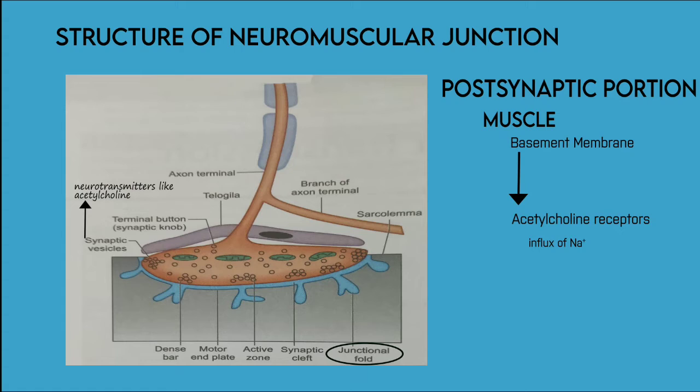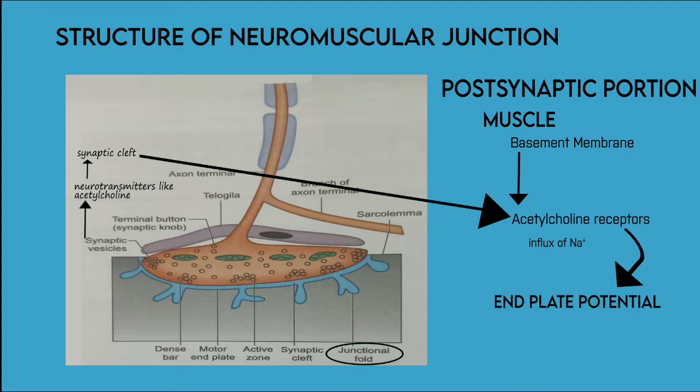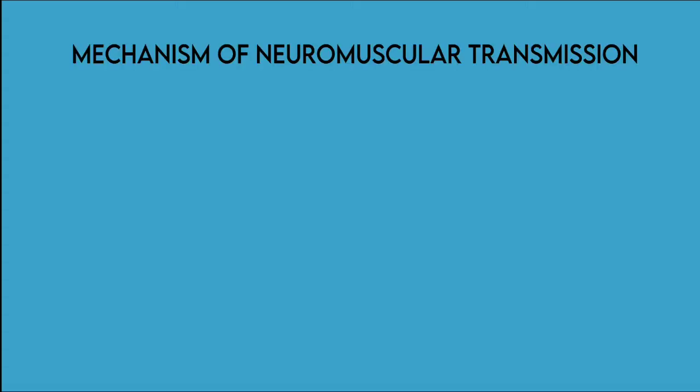The acetylcholine that is released into the synaptic cleft will come and bind on to these acetylcholine receptors and will produce a difference in the membrane potential known as end plate potential, which, if it is high enough, can produce an action potential. Now, the mechanism of neuromuscular transmission.